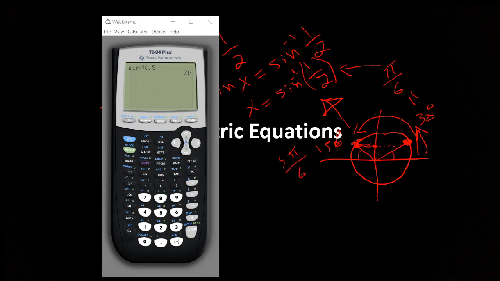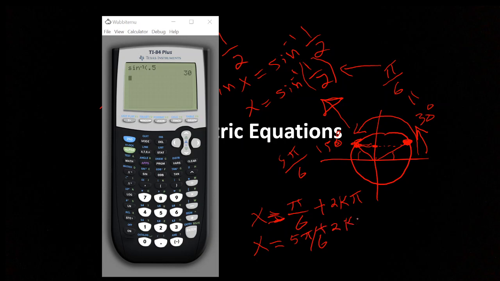So the two solutions are x equals pi over 6 and x equals 5 pi over 6. But we need to add 2k pi to both of these to get all the solutions.